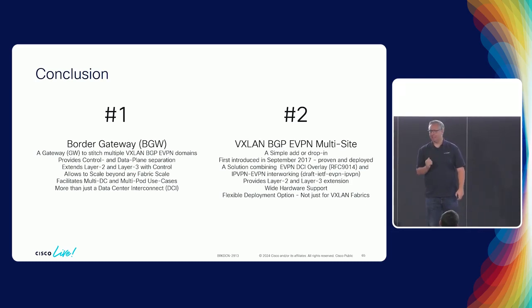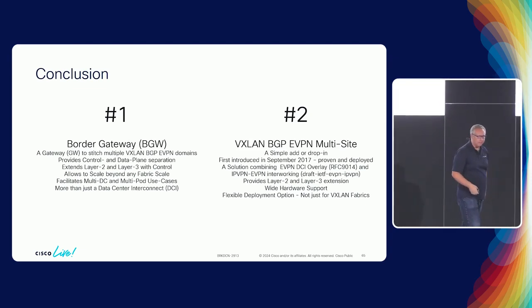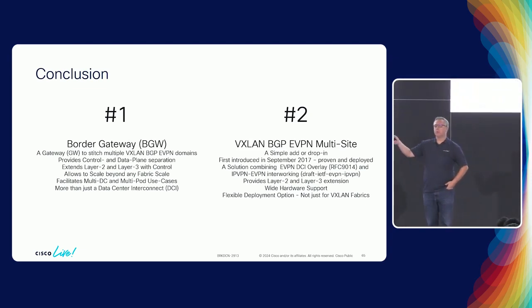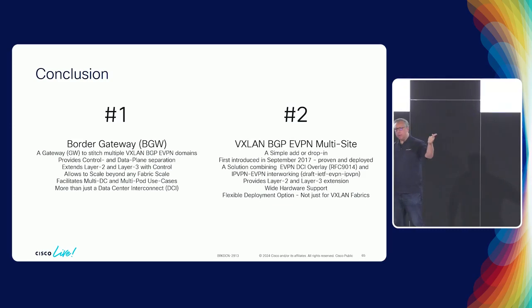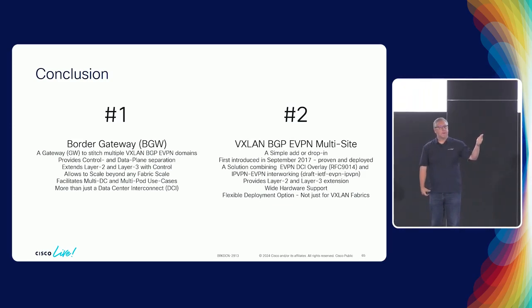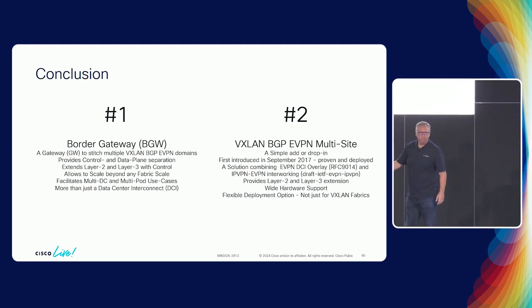It was gateway. So that's one of the first products we did, and we're back to gateways, which we're doing in this world, transposing things between different protocols, in this case in the same. Remember, layer 2, layer 3 extension. Can we do that with multi-site? Yes. Can we do it with RFC 9014? Only layer 2.